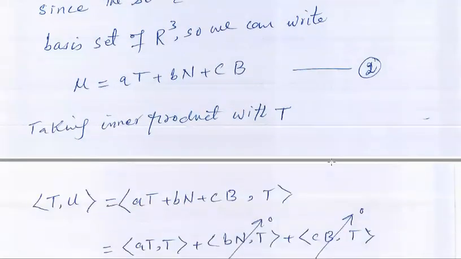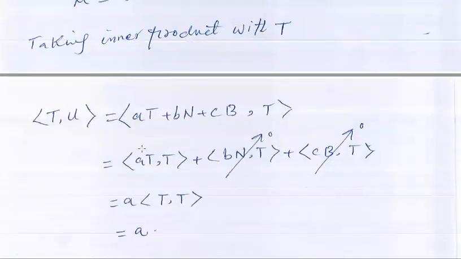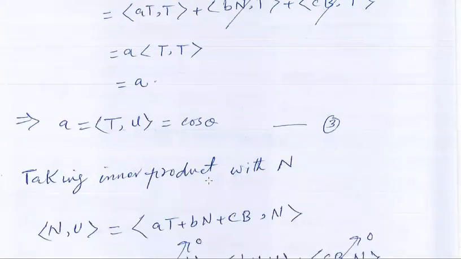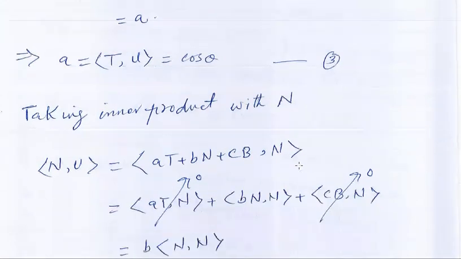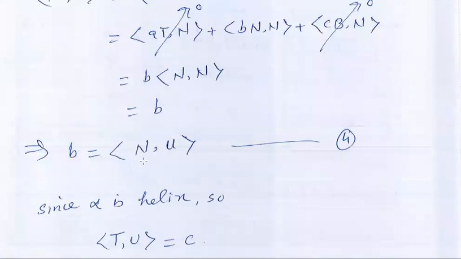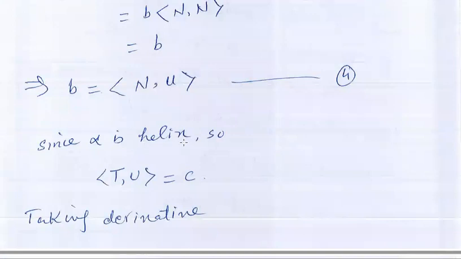Taking inner product with T, we find A is equal to the inner product of t and u, which is equal to cos theta. Taking inner product with n, we find b, and b is equal to the inner product of n and u. Since alpha is a helix, the inner product of t and u is equal to a constant.